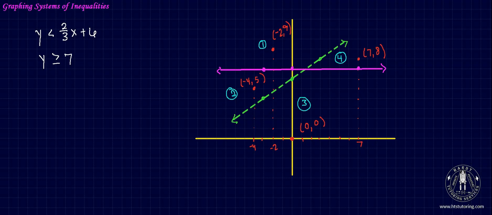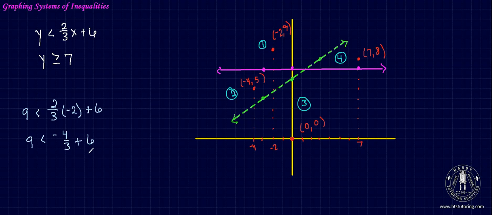So let's try region 1. So negative 2, 9. Let's plug it into our first one. 9 is less than 2/3 times negative 2 plus 6. Then we get 9 is less than negative 4/3 plus 6.